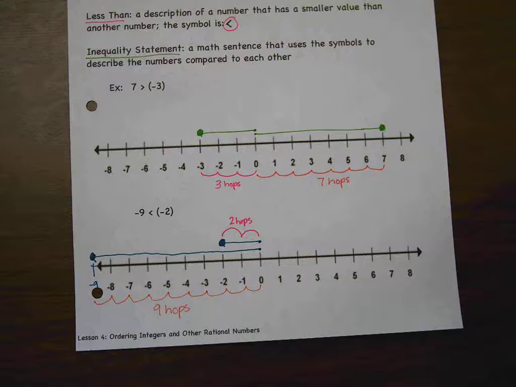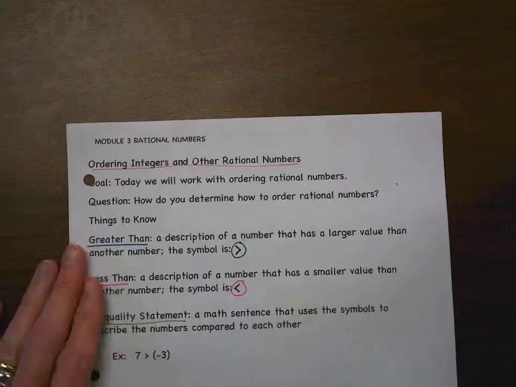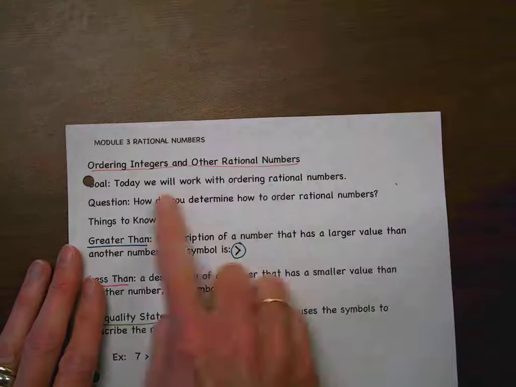And we put the number line in there so that you can visually see the difference between the two numbers and then decide which is the correct inequality symbol to go in there. Okay? All right, so we're going back up to our goal for today.